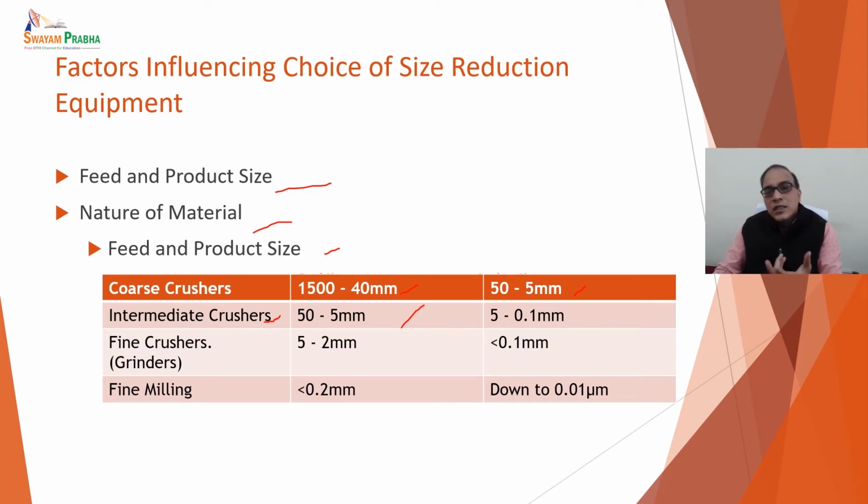For intermediate crushers, the range is 50 to 5 or 5 to 0.1 mm. Fine crushers may have a range from 5 to 2 mm to maybe less than 0.1 mm, while for fine milling, less than 0.2 mm, rather than micron size, we can move down to 0.01 mm with the help of fine milling equipment. So this was about the crushers and the milling.